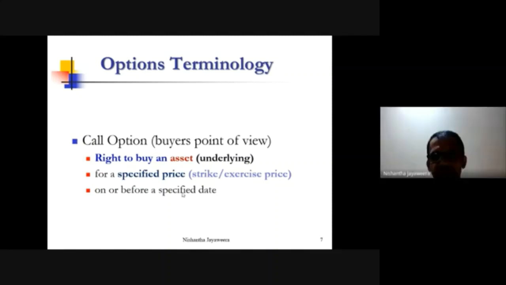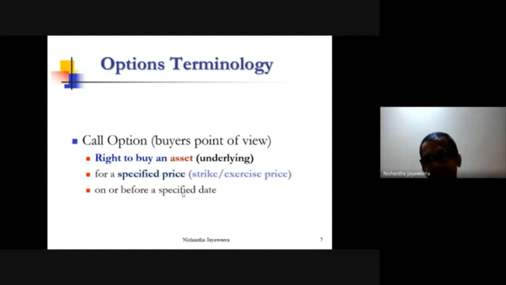So my advice here is, don't think too much about whether the option is exchange traded or OTC traded. Try to distinguish between call option and put option. We will discuss that soon. Call option and put option, then the buyer of the option and the seller of the option. And more to come.